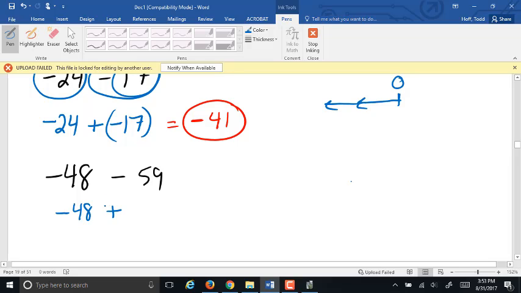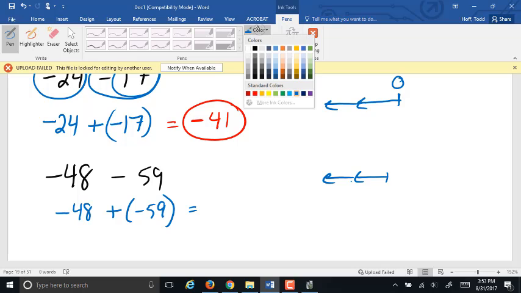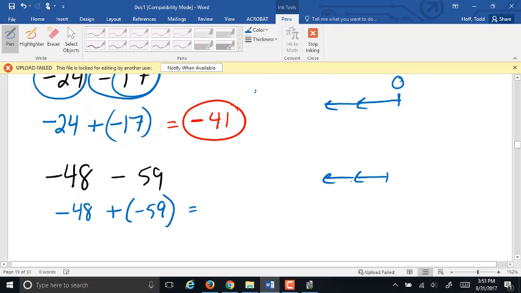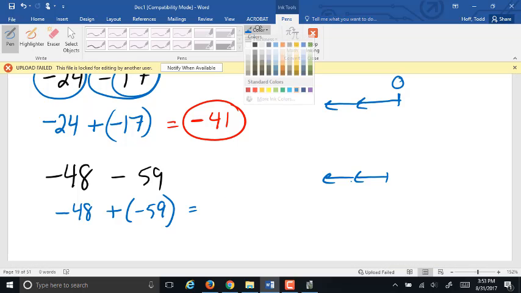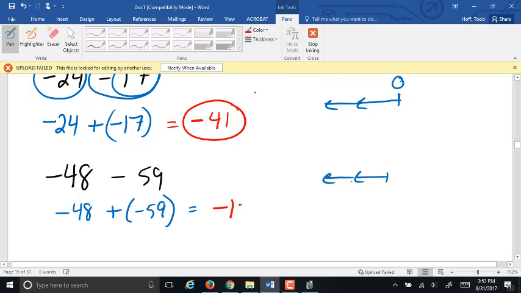Subtraction becomes addition. 59 becomes negative 59. There we go. So that's negative 48 plus negative 59. That result would be negative 107. Perfect.